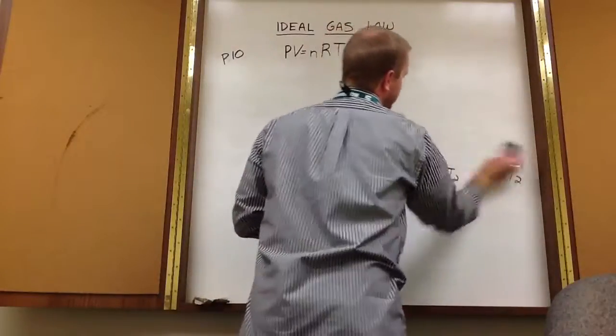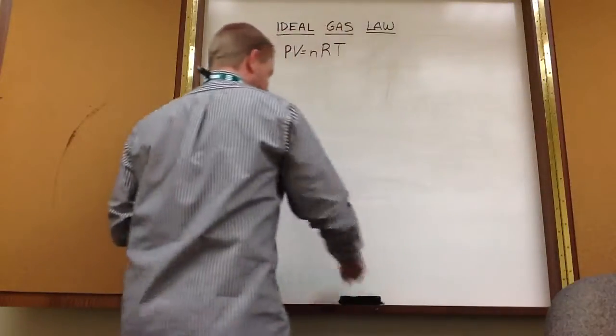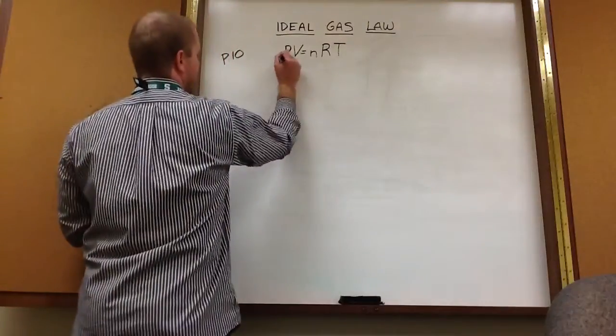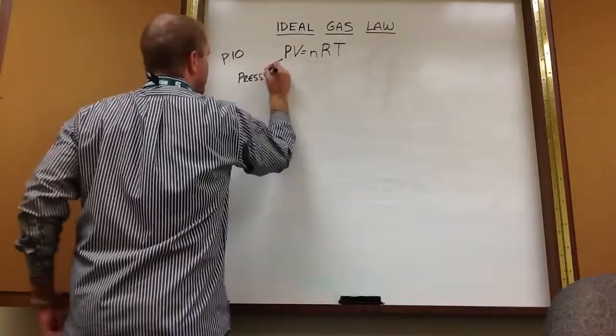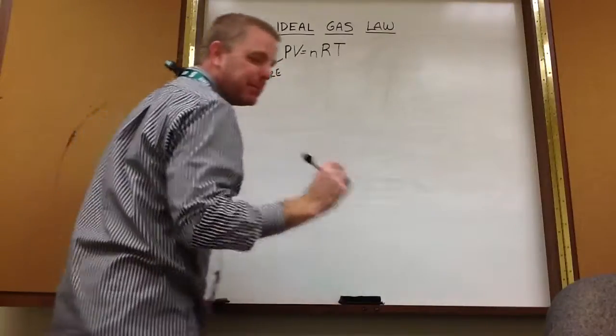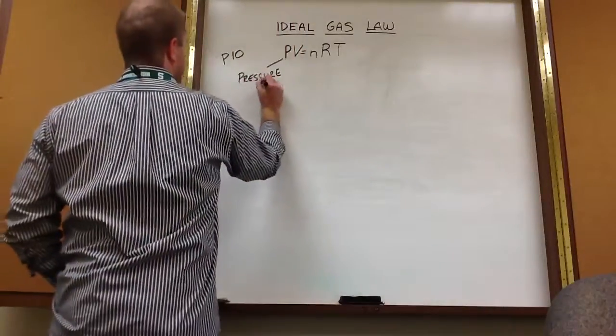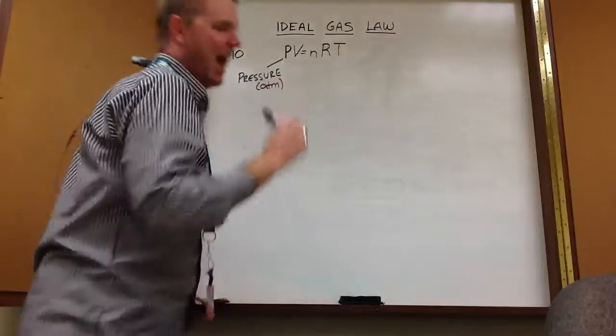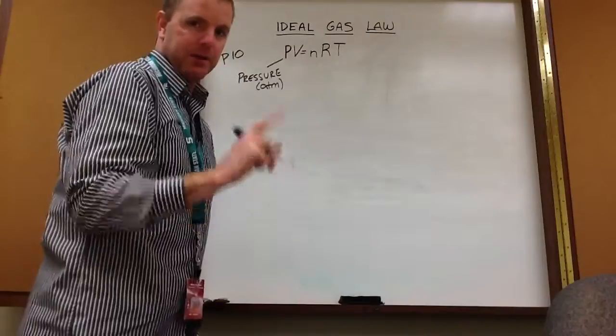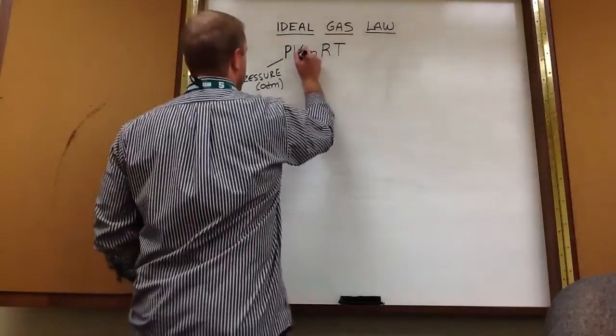Okay? Now, what does PV equals nRT stand for? It means the following things. P stands for pressure. The units that pressure must be in is ATMs. It absolutely has to be in ATMs here. I'll tell you why in just a second.